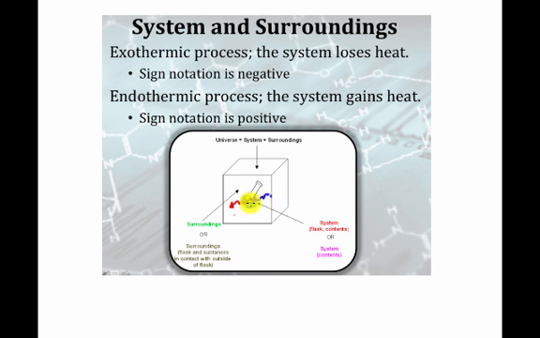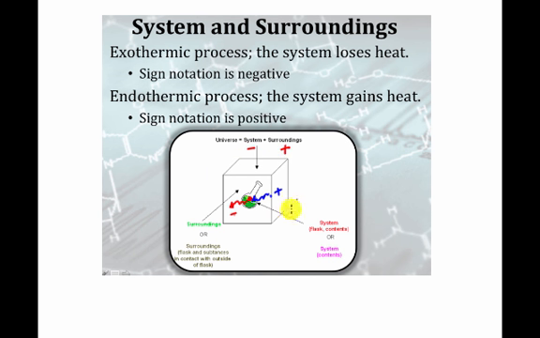Energy is going into it. We would put that as a plus sign because according to the system, we're gaining that energy. For the first one, we would say that that was negative, that we would be losing energy, because we're taking the perspective for both of those processes as the system. I know it's a little confusing, but you really have to make sure that if the system is negative, the surroundings are positive.